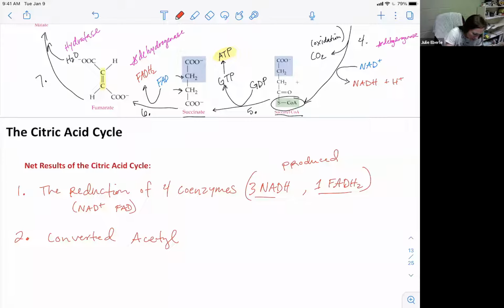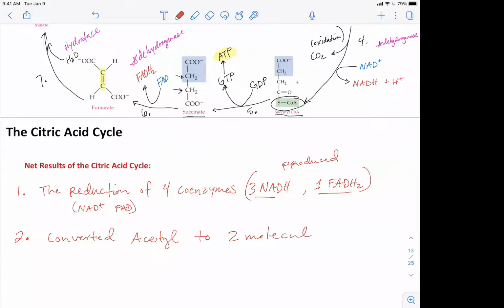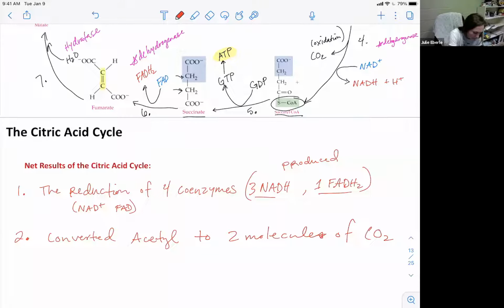So the acetyl group is converted to 2 molecules of CO2. We added 2 carbons onto oxaloacetate in the beginning, and then we lose 2 carbons as molecules of CO2 in steps 3 and 4. That is where we produce those 2 molecules of CO2.